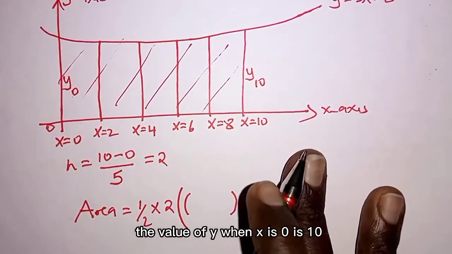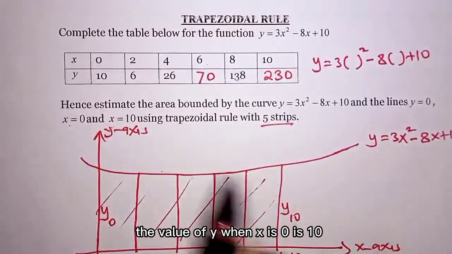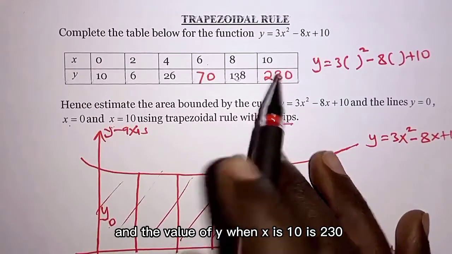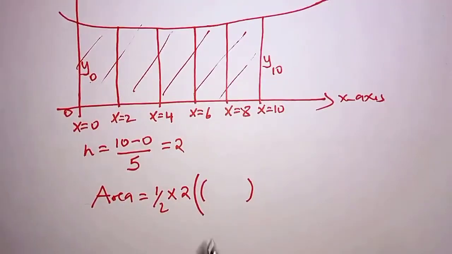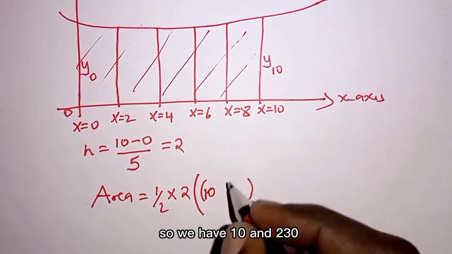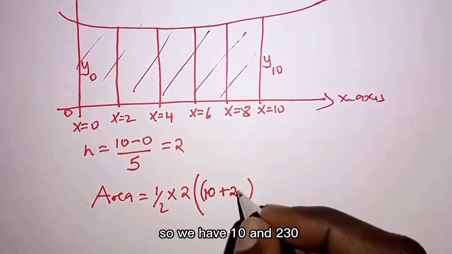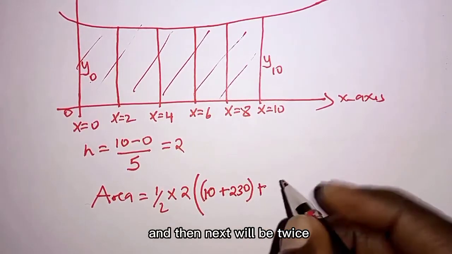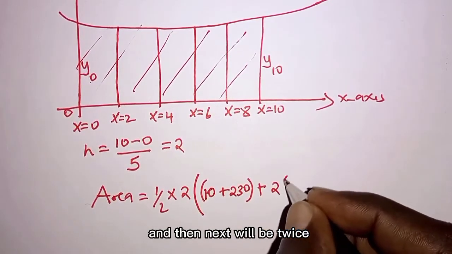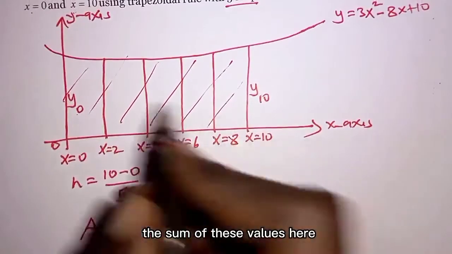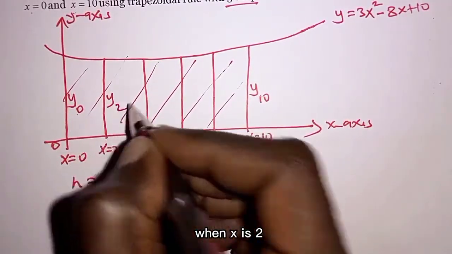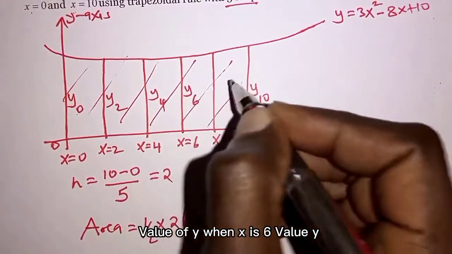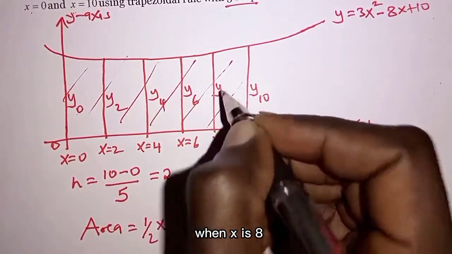The value of y when x is 0 is 10, and the value of y when x is 10 is 230. So we add 10 and 230. And then next will be twice the sum of the values of y when x is 2, 4, 6, and 8.